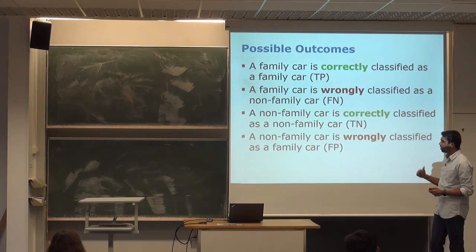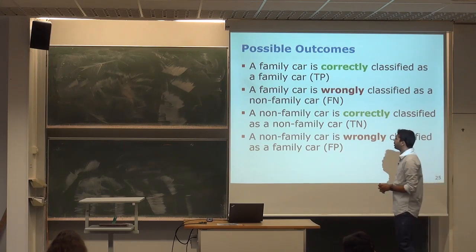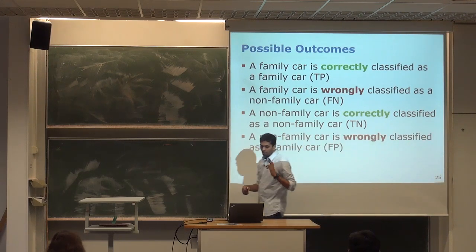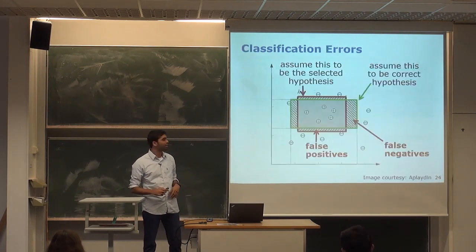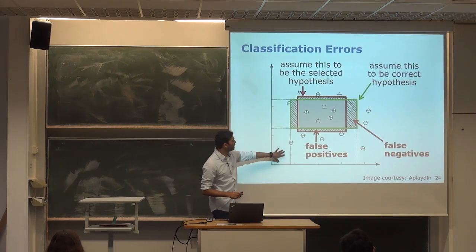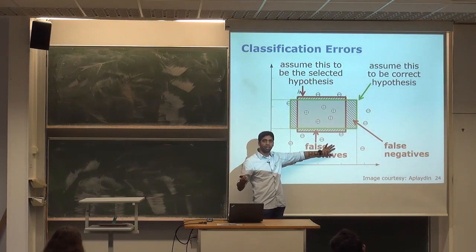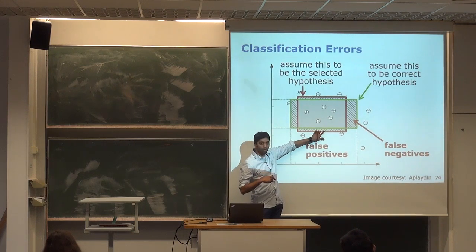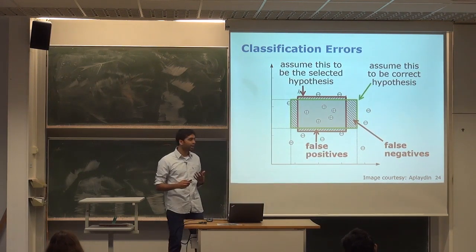Then the third part is called true negatives, which means that a non-family car is actually classified as a non-family car, which comes out to any examples that are outside here. Everything here is not a family car, and our box, the red box, says that it's not a family car. So these are the true negatives.